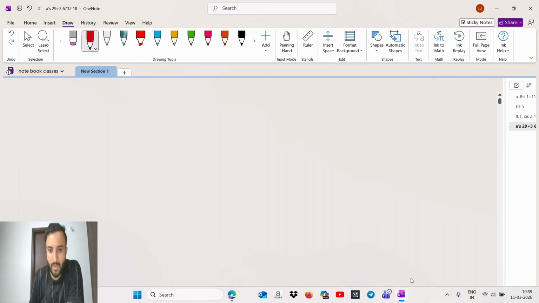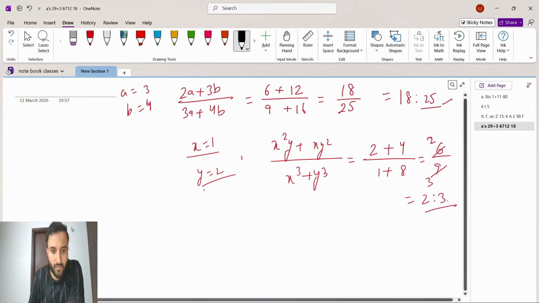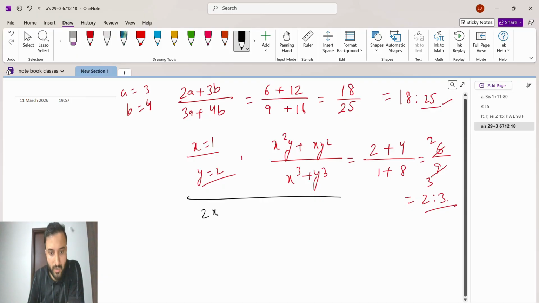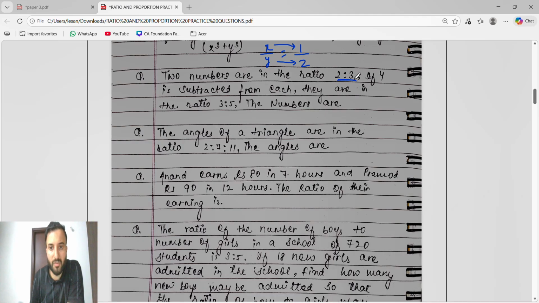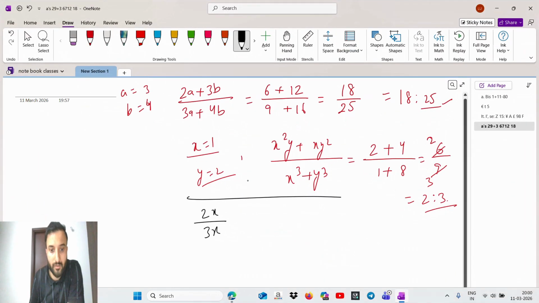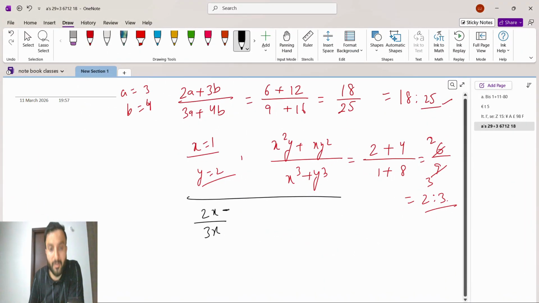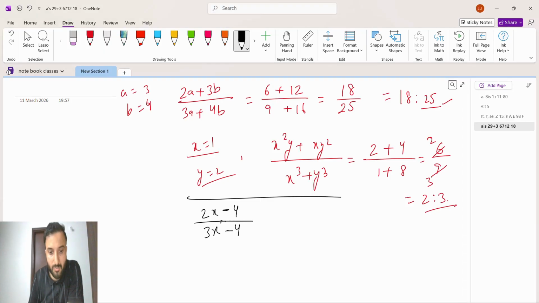Two numbers are in the ratio 2 is to 3 means I will take the numbers 2x and 3x. If 4 is subtracted from each. Subtracted means what? Minus. So 4 is subtracted from each.